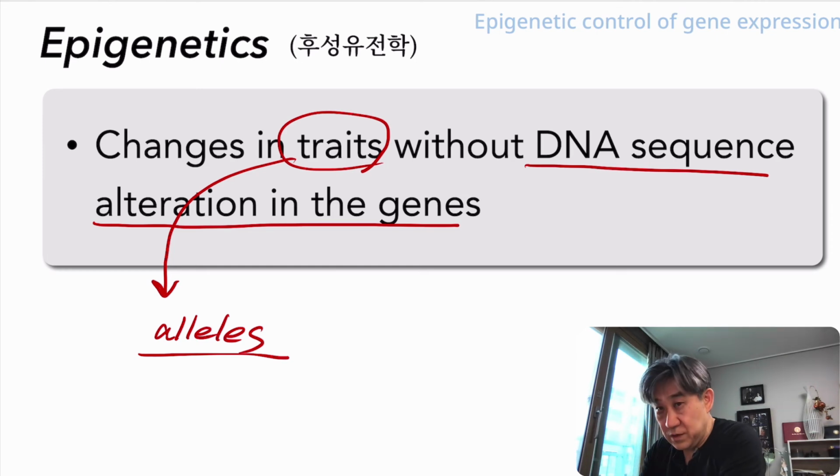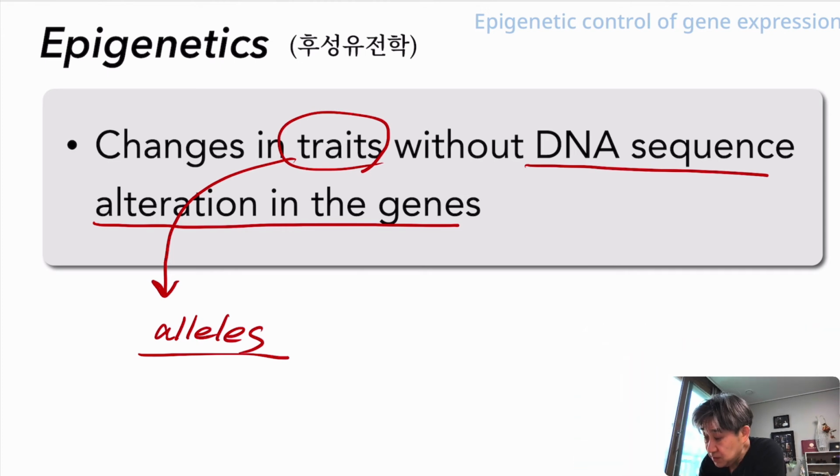So according to the basic classical, standard or traditional genetics concept, all trait variation should be the result of DNA sequence change. If you don't have any DNA sequence change, then you don't have any trait variation.